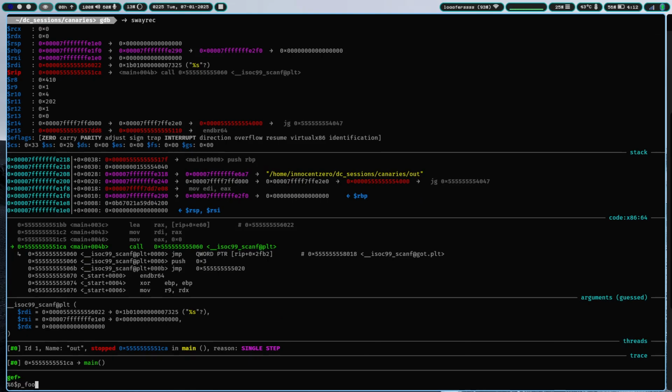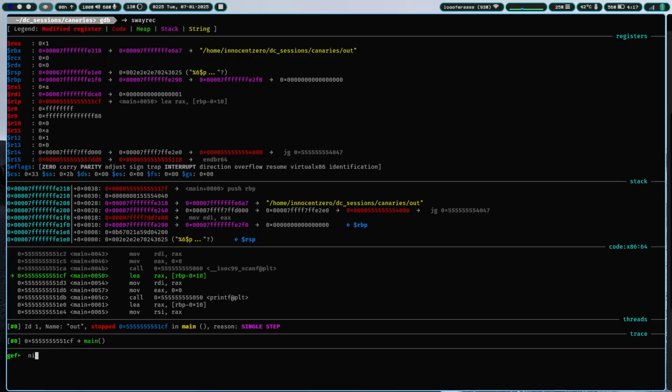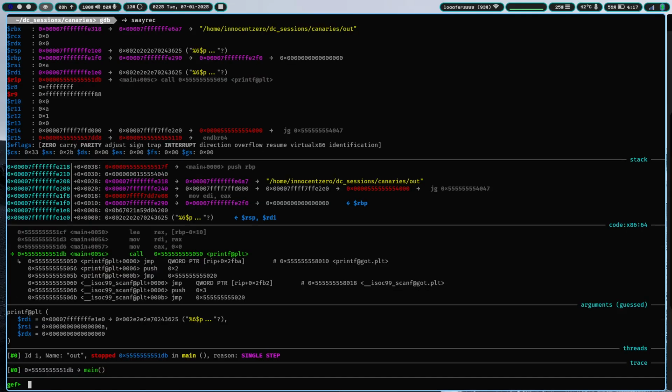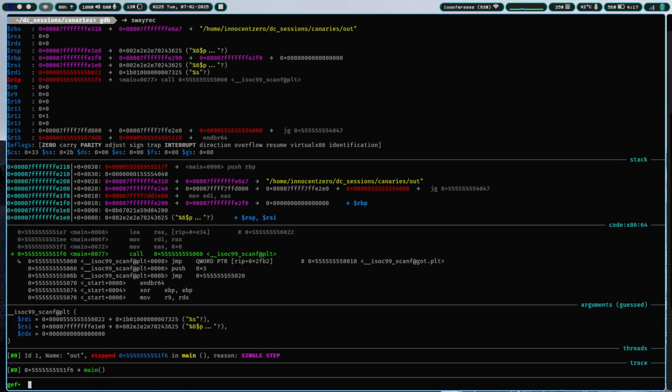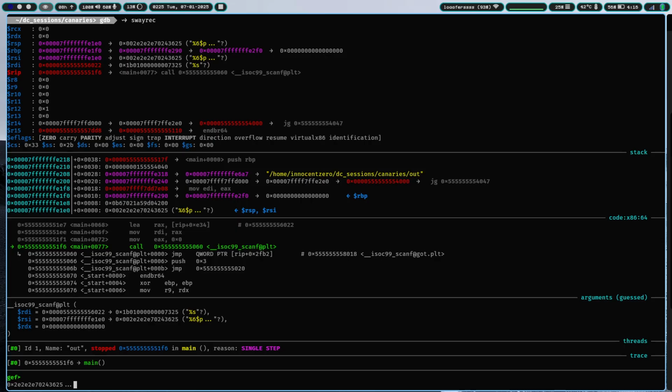If you notice carefully, this is exactly 7 bytes, and that's because I want to fit it in the buffer. I don't want to overflow the canary. So we'll continue till the next scanf, which is when we will have our thing.